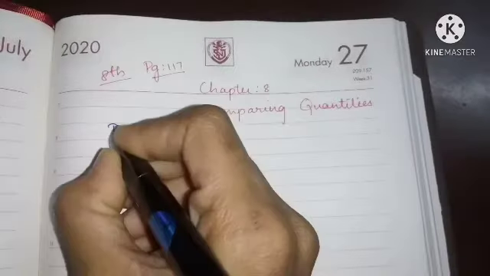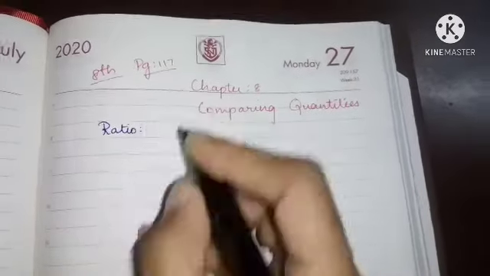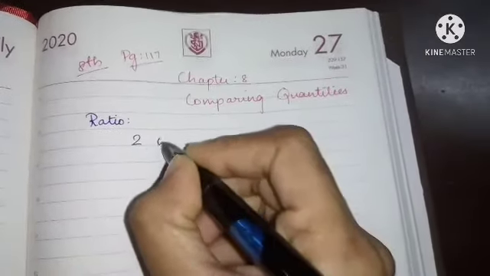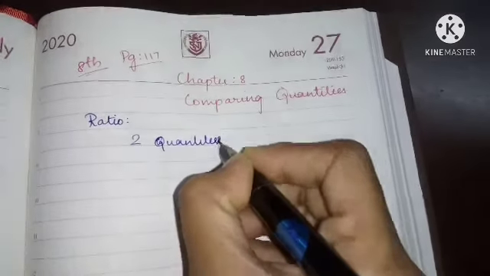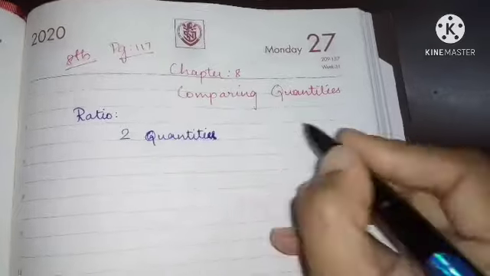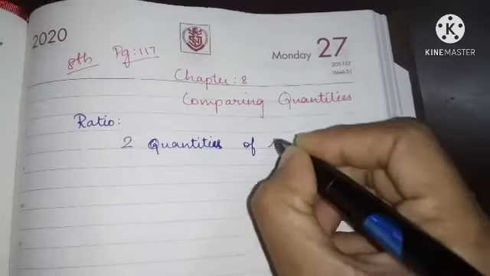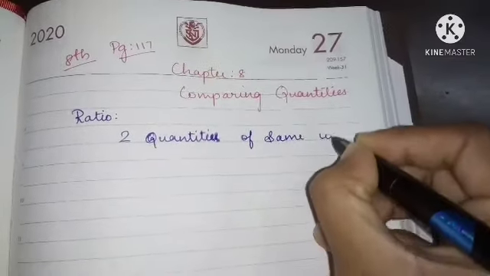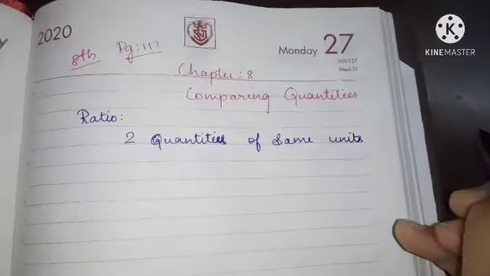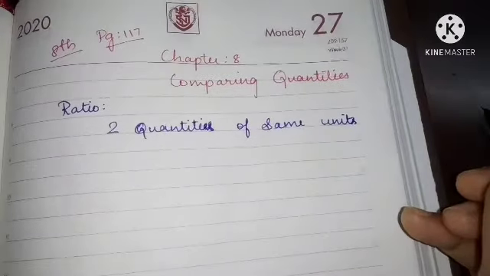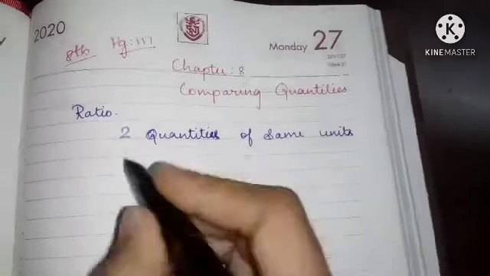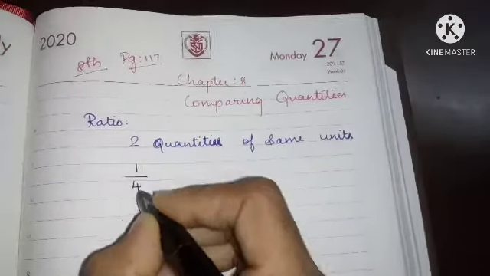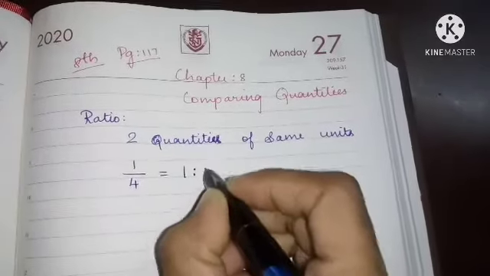So ratio is nothing but a comparison of two quantities. Okay, when you are comparing two quantities of the same units, you will use the ratio. The ratio is nothing but comparing two quantities by division. For example, 1 by 4 can be written as 1:4.